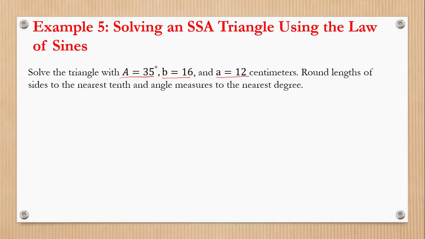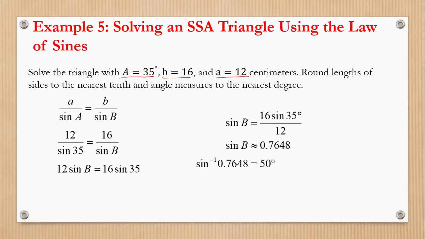Again, we're going to use law of sine to find angle B. Because A over sine A is equal to B over sine B, if we replace A by 12, B by 16, and angle A by 35 degrees, we can find the sine of angle B. When you have the sine of an angle and you want to find the angle, you use sine inverse.